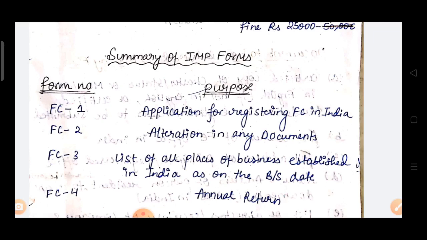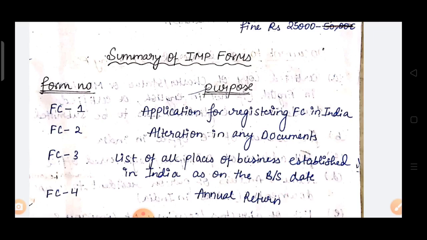FC3 is the list of all places of business established in India as on the balance sheet date. The foreign company is supposed to make this list in form FC3, as on the balance sheet date. FC4 is the annual return.